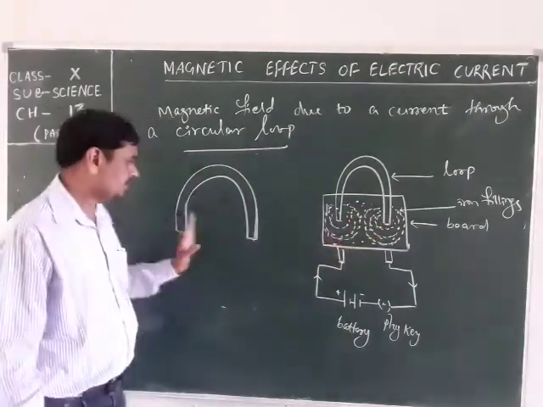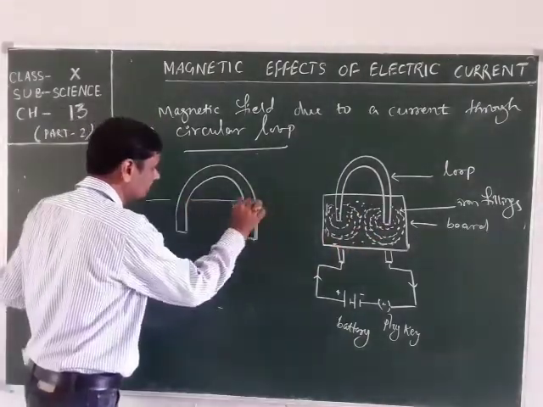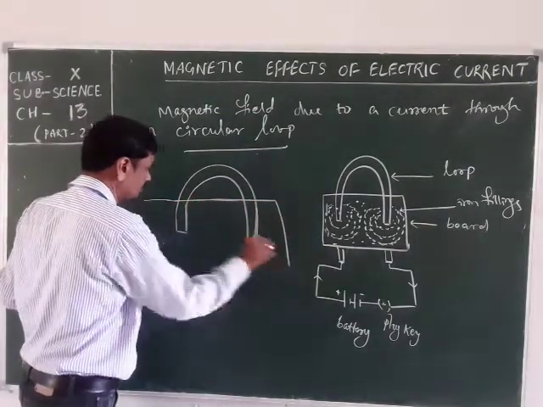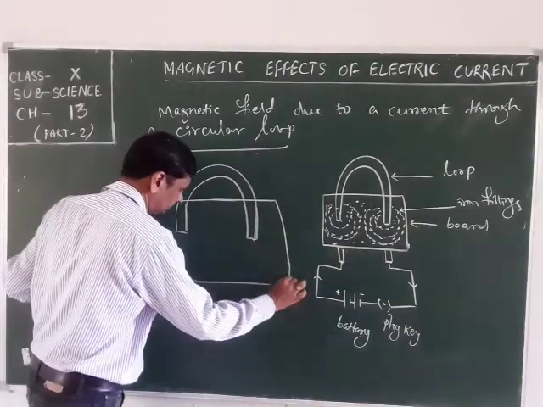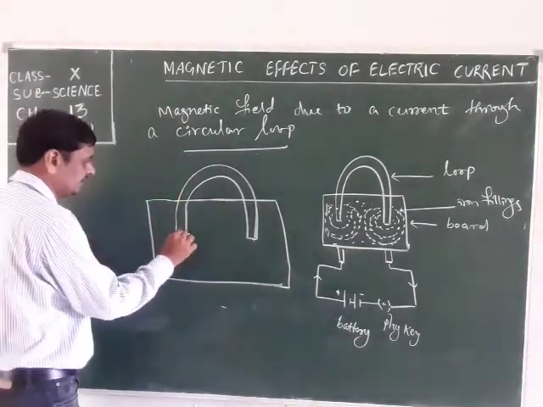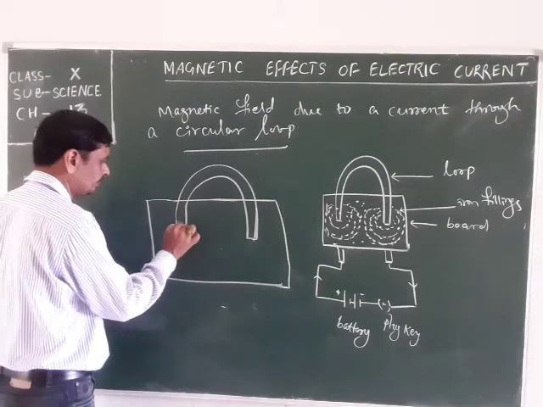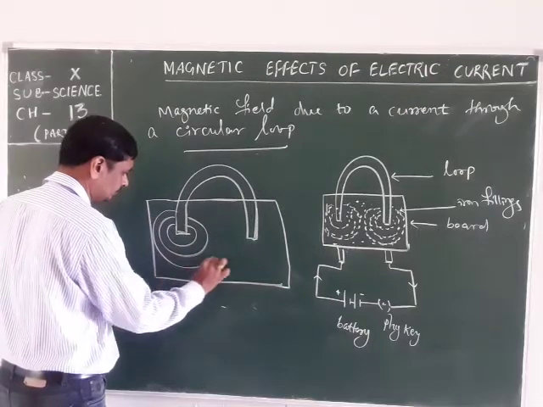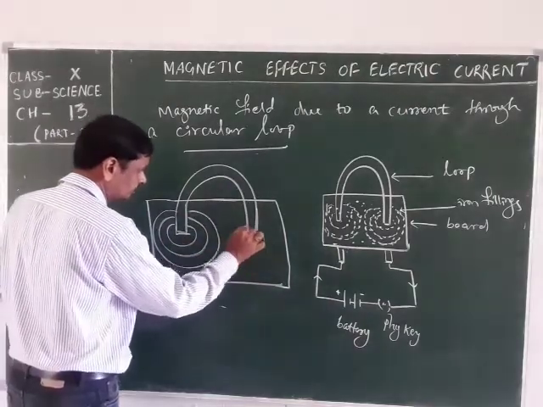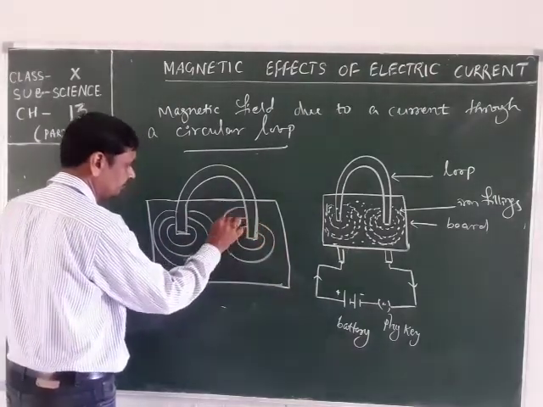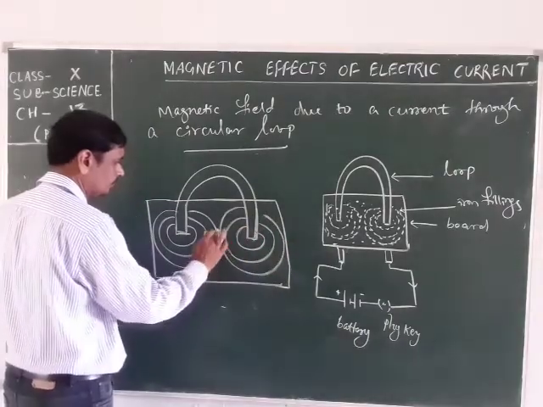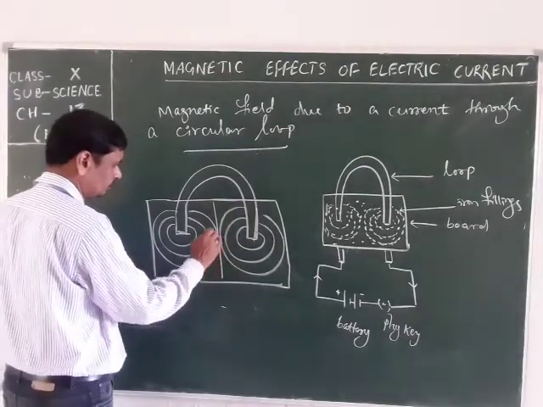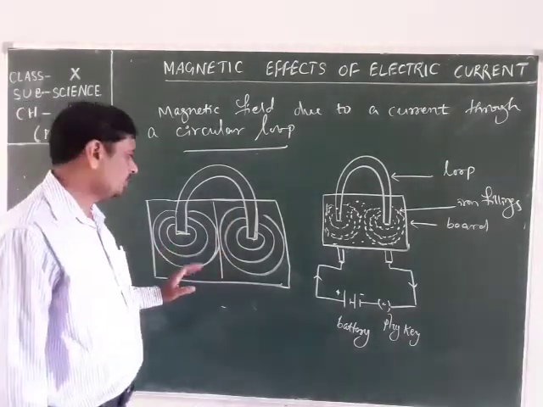So how will the direction of these field lines be marked? This one is the section of this board. These are the concentric circles formed around the ends of the loop.